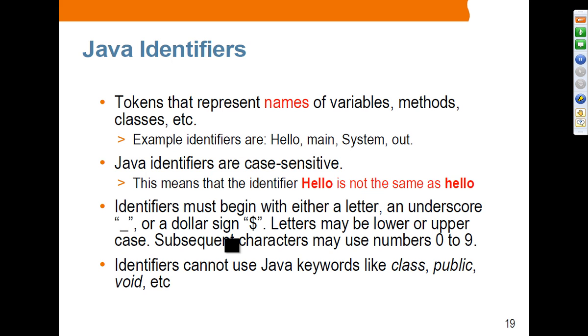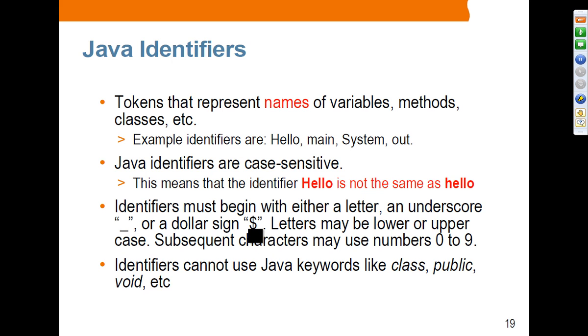Okay, so Java identifiers have to follow some syntax. The names must begin with either a letter, an underscore, or a $ sign. In fact, you cannot start the name of your variable, method, or class with a number.